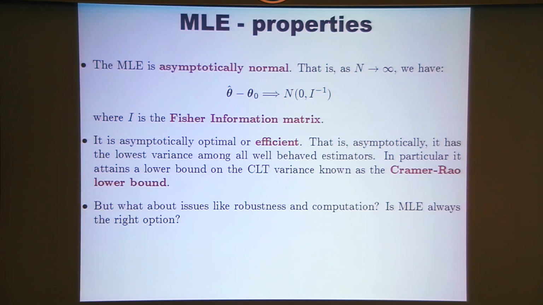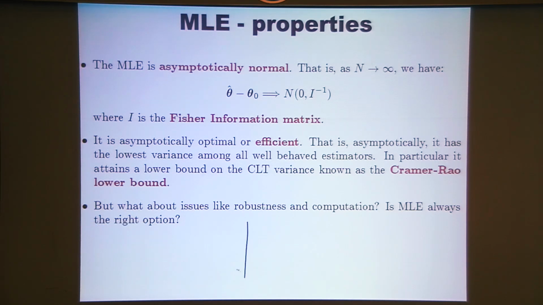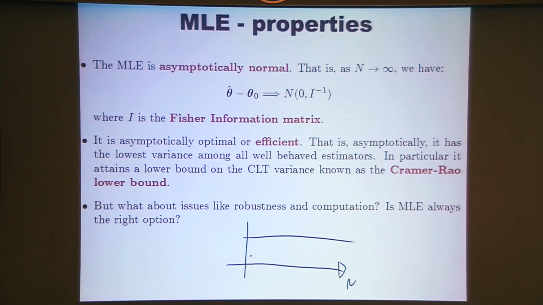So in other words, the caricature here would be something like this. We have some ground truth, and as we go to infinity, you're converging to that. And so what you want to know is what is the variance of that estimator.